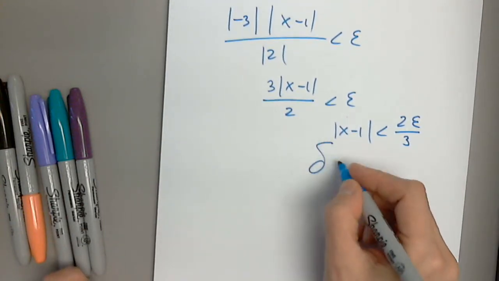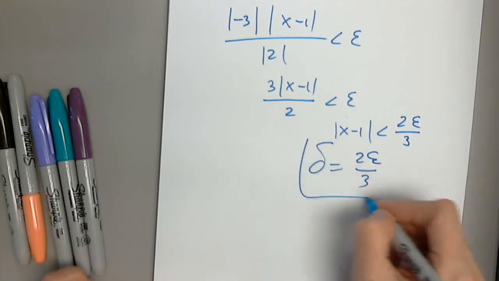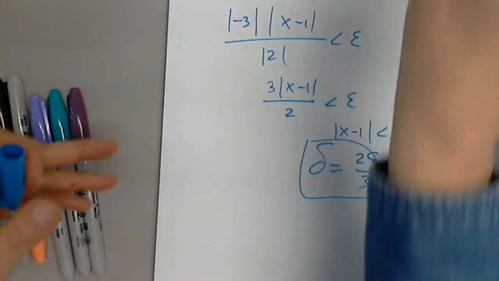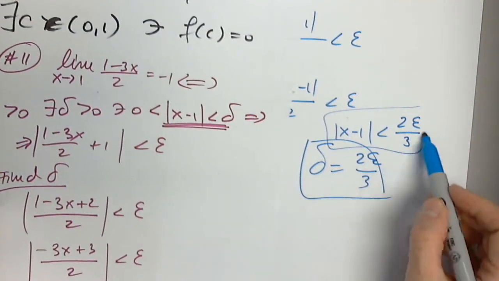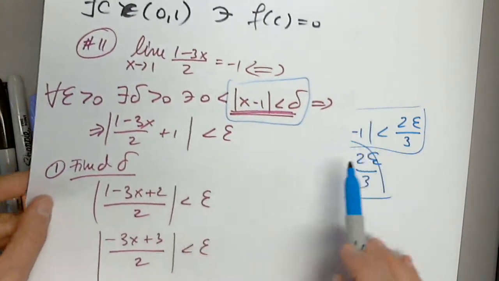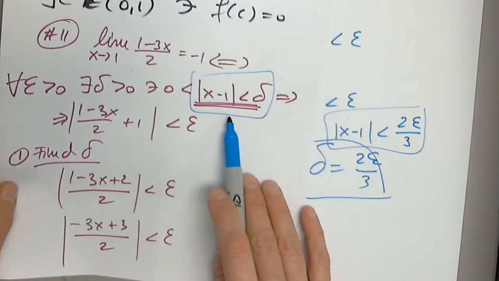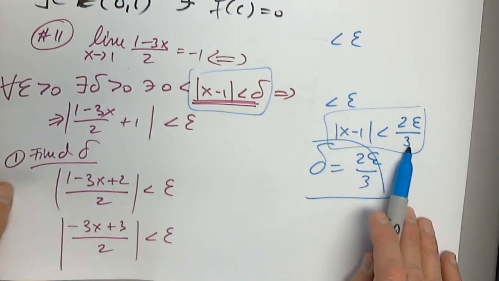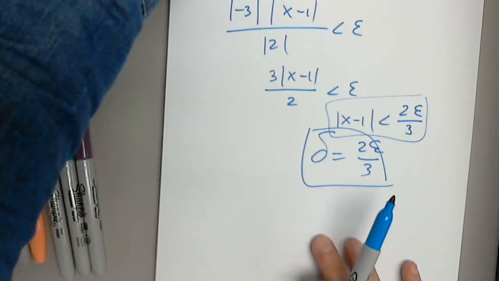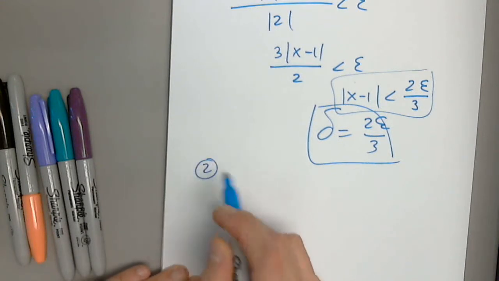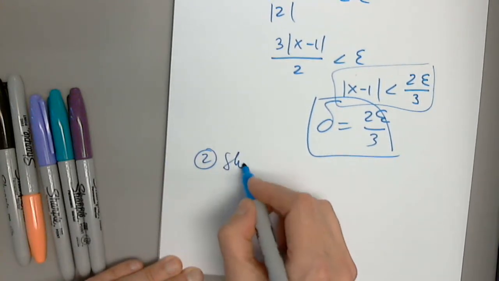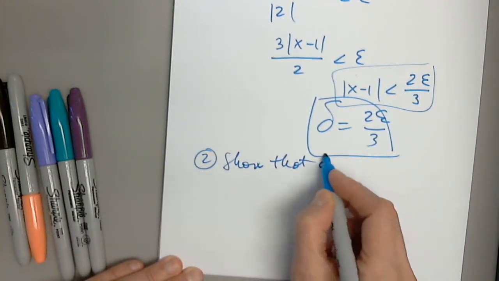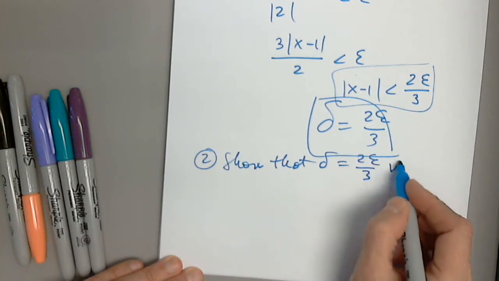And you will say, here it is. This must be it. Why? Because I'm comparing this to this. I have x minus 1 on the left-hand side, and this must be delta by comparison. So you have to write step 2, show that delta equals 2 epsilon over 3 works.